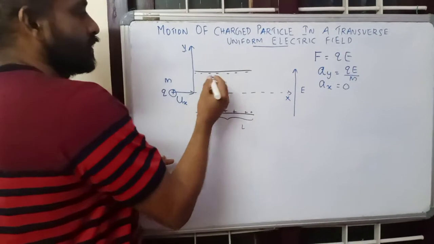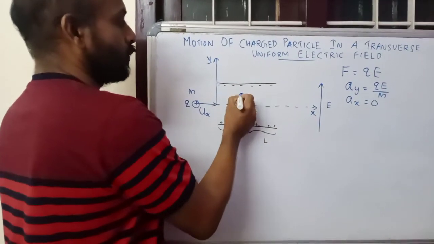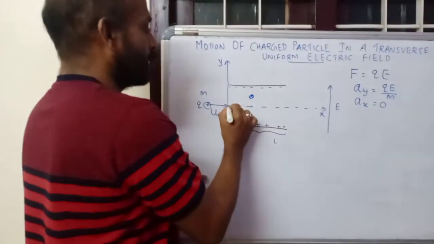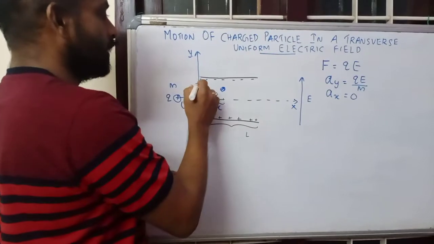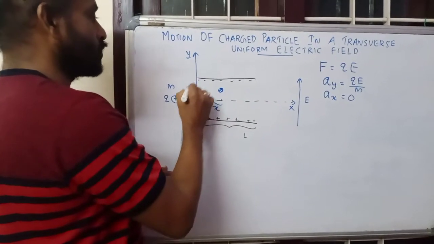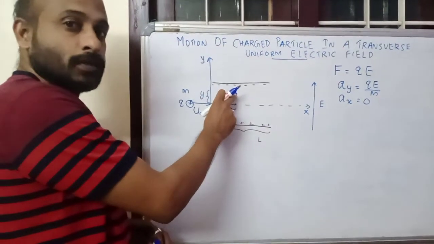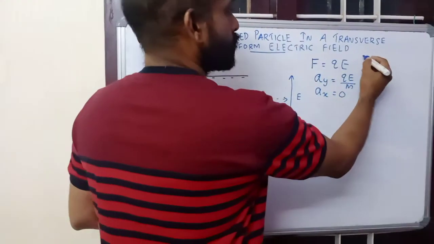Now let us consider the particle has reached somewhere here. This is the position of the particle at any instant. Now I am going to locate the positions. This is the x position of the particle at this instant, and this is the corresponding y position. We need to find x and y positions of the particle at this instant.